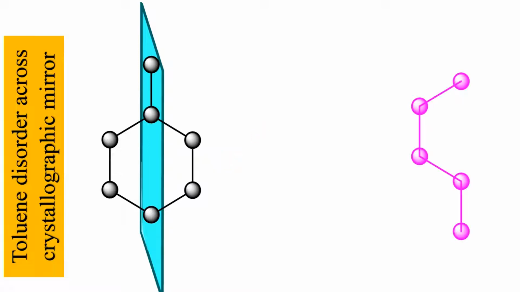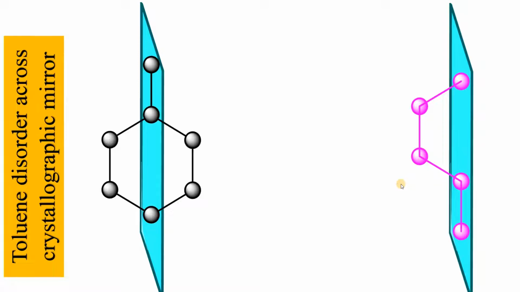And we have a crystallographic mirror passing through these 3 atoms. So this mirror will generate the remaining 2 atoms in this way. And if this is one orientation, this is the second orientation. In this orientation, the molecule is generated by the crystallographic mirror in the same way.